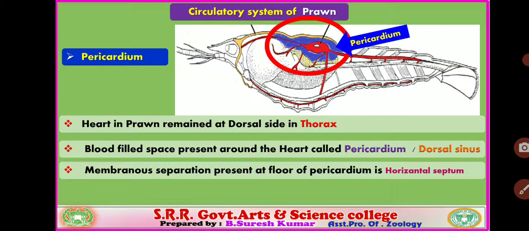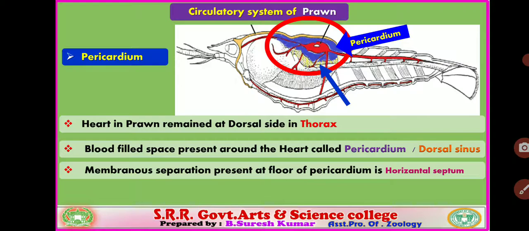A membranous separation is present at the floor of the pericardium, that is the horizontal septum. Followed, you observe at the base of the pericardium a separation in a horizontal transverse fashion, a horizontal membranous separation is present.